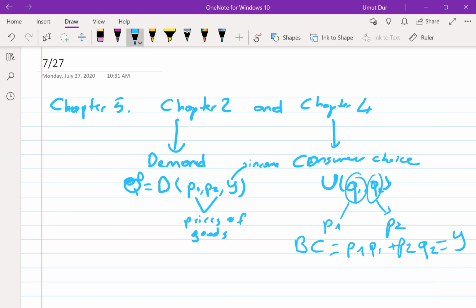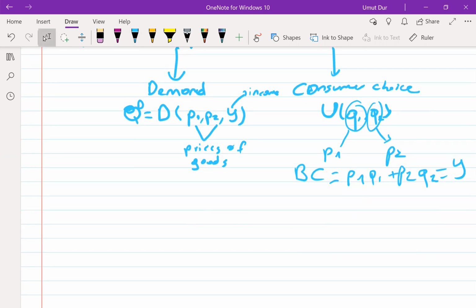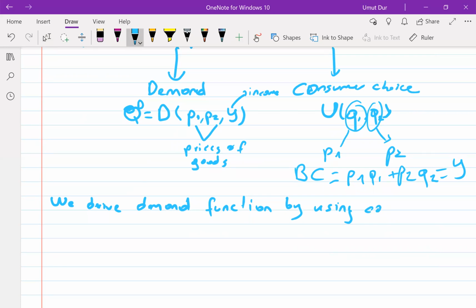So what we will do first in this chapter is derive the demand function by using consumer choice.